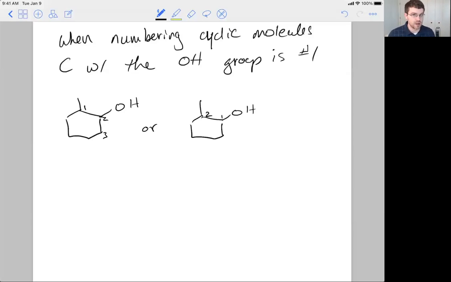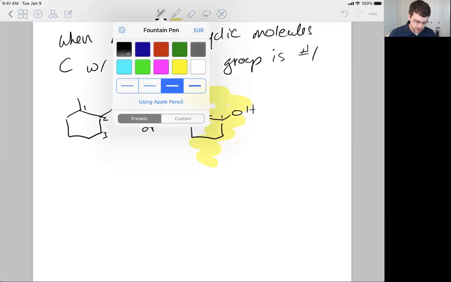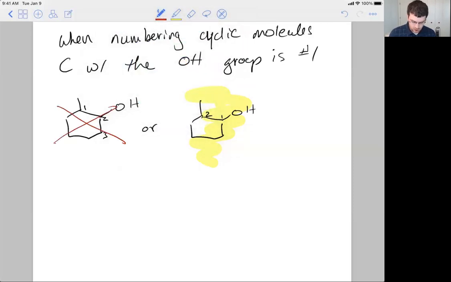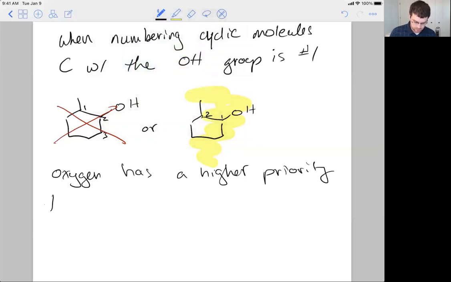The sum of the numbers are the same, but it turns out that this is preferred because IUPAC says that OH has a higher priority than C. Hence the name that I provided on the previous page, 2-methyl-1-cyclohexanol.